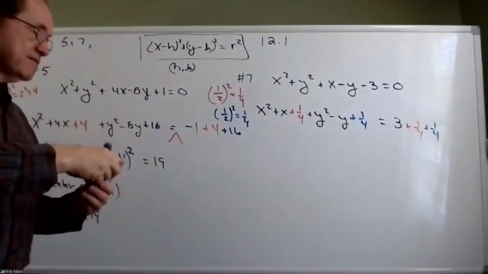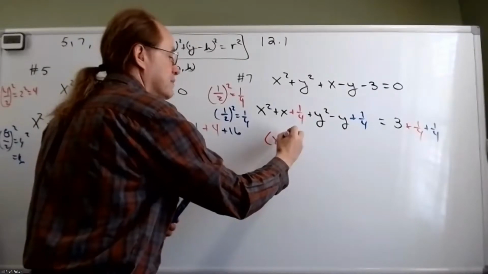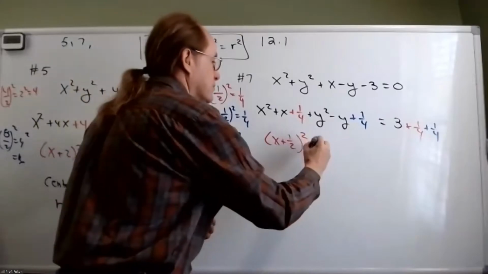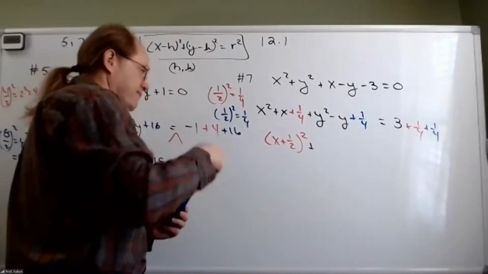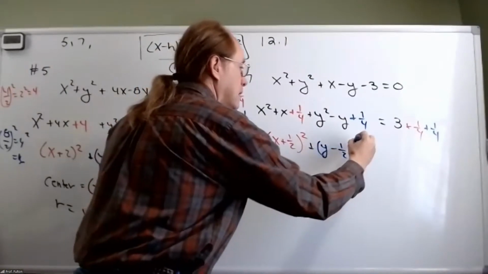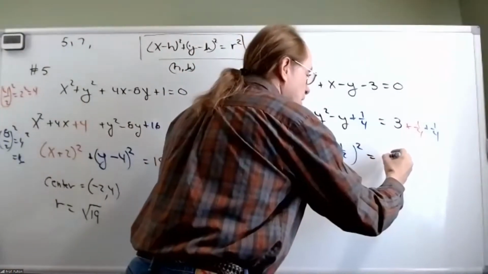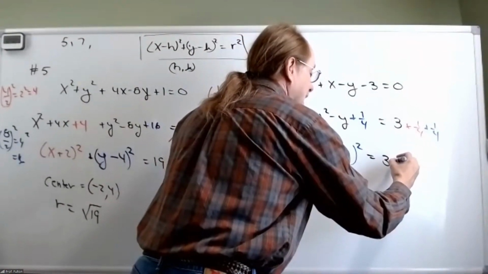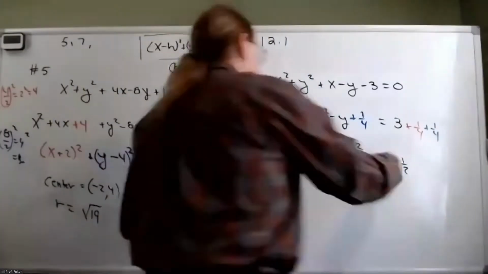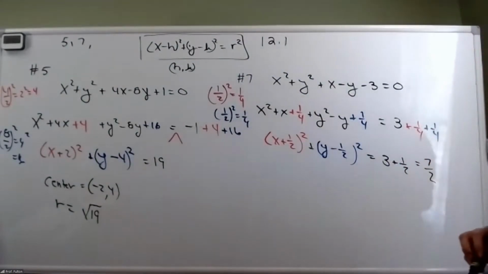Okay, that means I can factor this into x plus 1/2 quantity squared. This factors into y minus 1/2 quantity squared. And on the right-hand side, I have 3, which I can write as 6/2, and then add that to it, so I get 7/2.